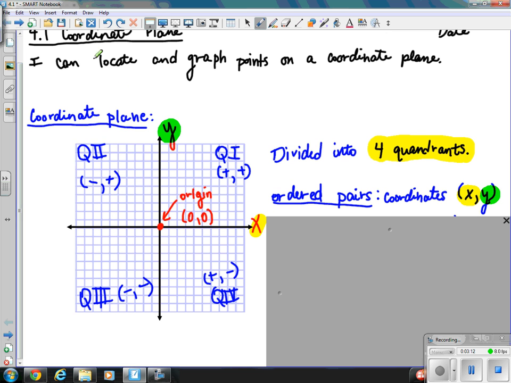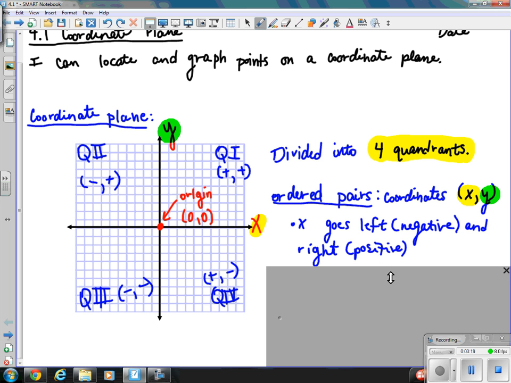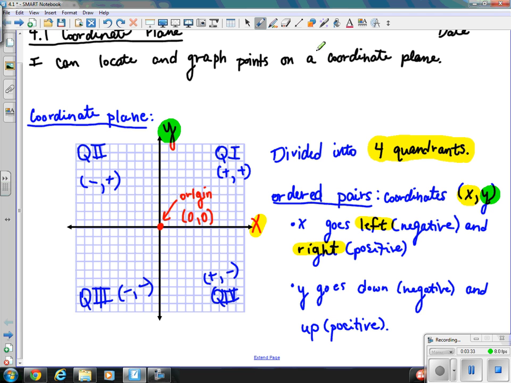When it comes to locating or graphing points, we have to first look to our x because it comes first. And x goes left if it's negative, or right if it's positive. And the same thing for our y value. Our y goes down if it's negative and up if it's positive.